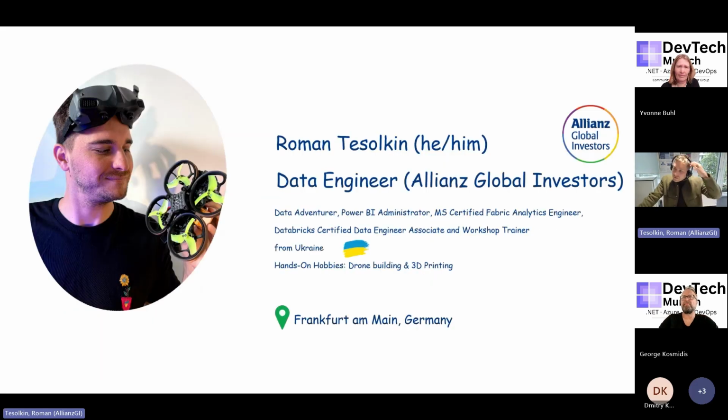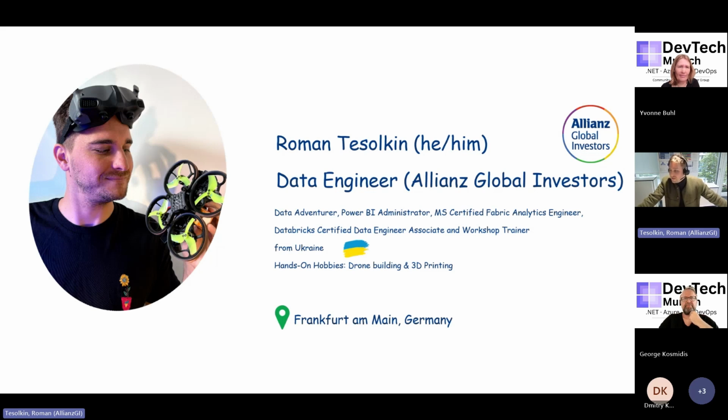Some words about myself. My name is Roman. I'm a data engineer at Allianz Global Investors. I like everything related to data, and I have a couple of certifications: Microsoft Certified Fabric Analytics Engineer and Databricks Certified Data Engineer.